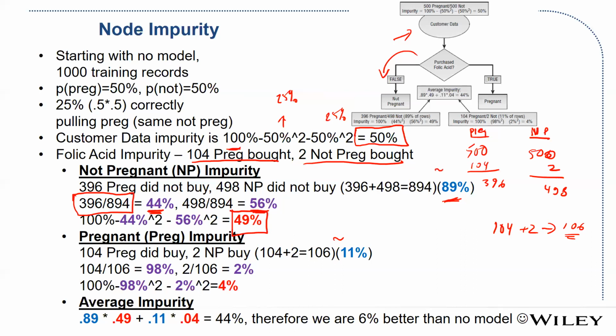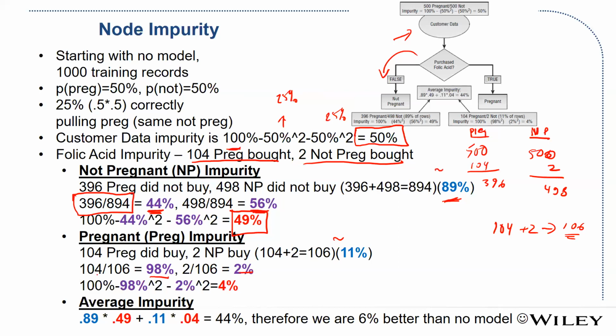So now if we look at the pregnancy impurity, we have 104 divided by 106, because we said the pregnant is 104 plus 2, so that's going to be 98%. And then we have 2 not pregnant over the 106, and that's 2%.